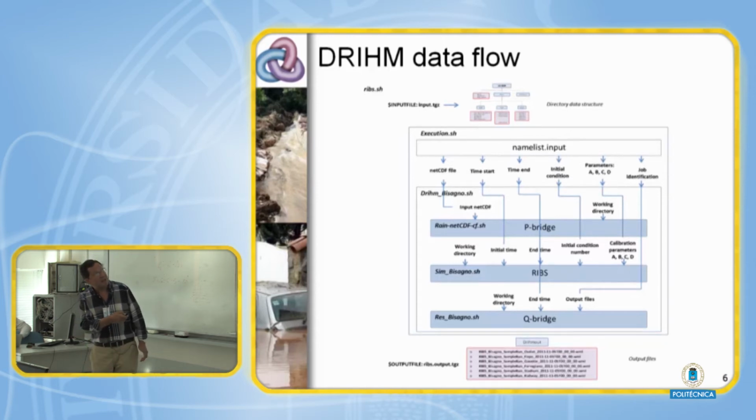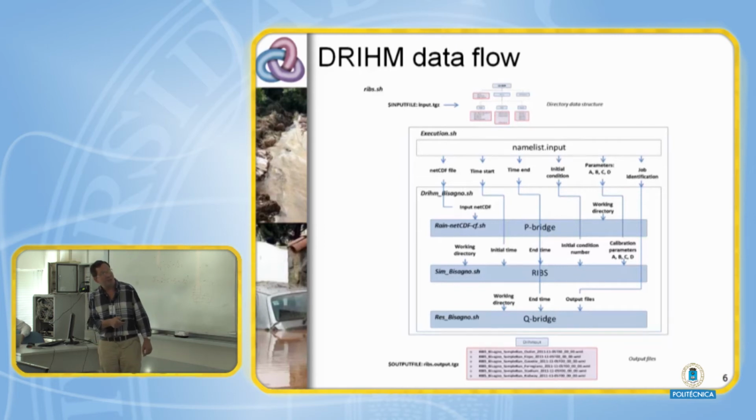Then the execution.sh will take as argument the input file that is prepared by the DRIHM portal when you configure the model run, which we call namelist.input. And then we organize the execution in order to use the information provided by the set of parameters included in namelist.input and feed it to the local shell scripts that perform each of the 3 sequential tasks that I just described.